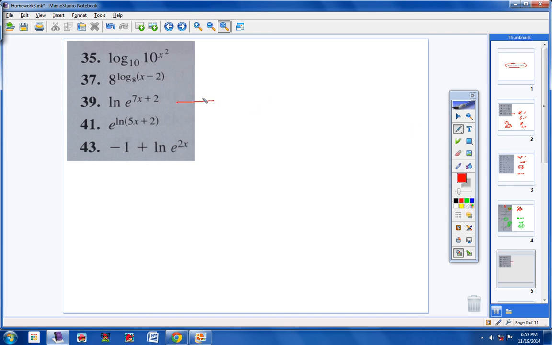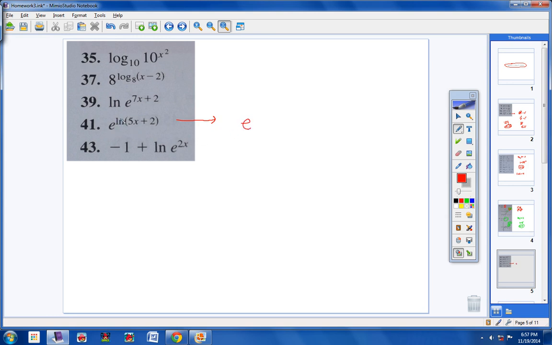Here, okay, remember when it's a natural log, right here, you can rewrite that like this. Log base e of e to the 7x plus 2. Okay, so there we go. So whenever your base here matches your base here, the answer is the exponent. So your answer would be 7x plus 2. Right, number 41. Okay, we have e, and then look at your exponent. It's a natural log.